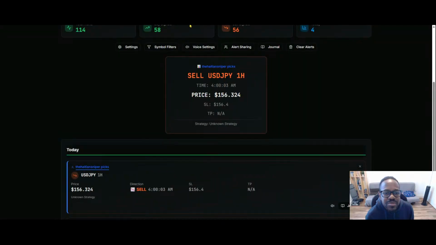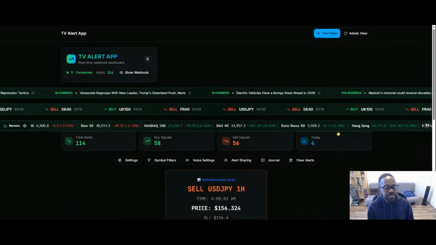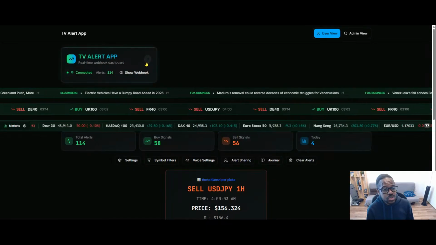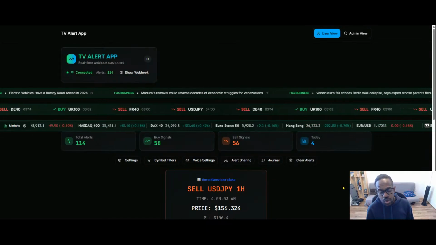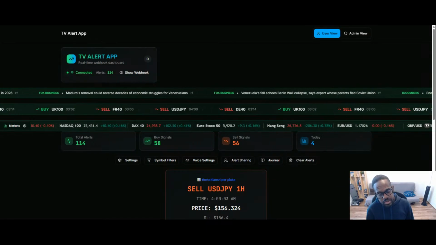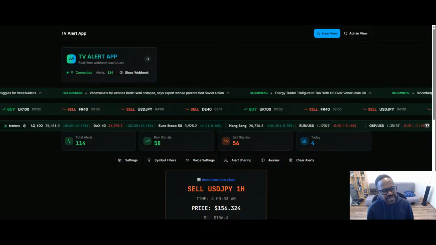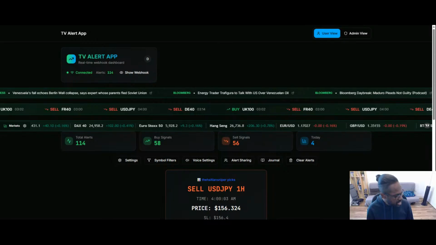Next, I'm just going to show you the app that I'm using. This is the TB Alert app, an app that I created. I'm also a software engineer, so I'm creating my own stuff. Everything you're seeing from now until the end is software that I created.